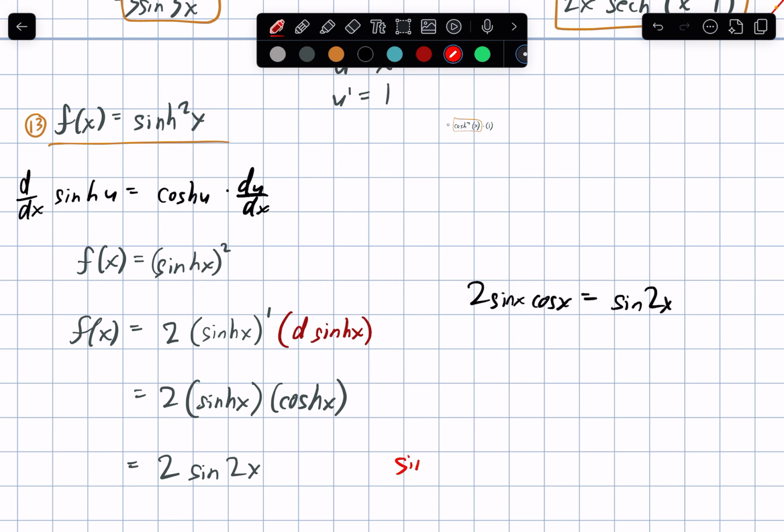Answer key says it's sine h 2x. Maybe because there's no h here. I don't think I've discussed this identity yet. Sine hx cosine hx is what?